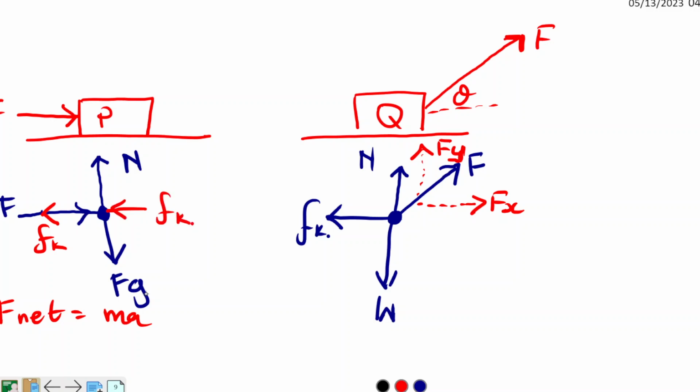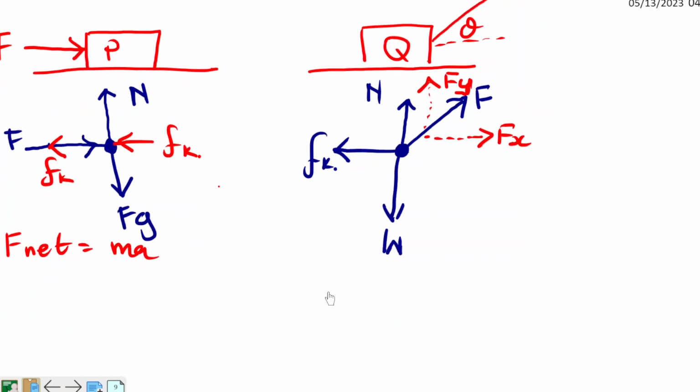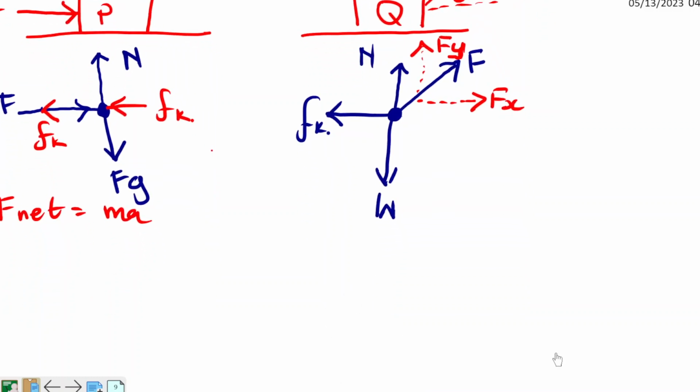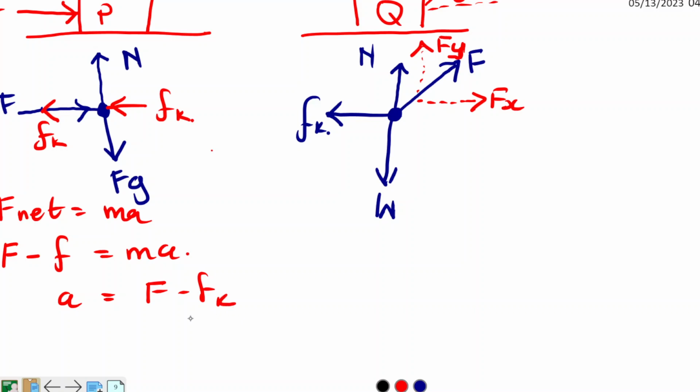Let's look at the acceleration for block P. There are two forces here. The force applied is to the right, the friction is to the left. So the acceleration would be equal to F minus the kinetic frictional force divided by the mass.